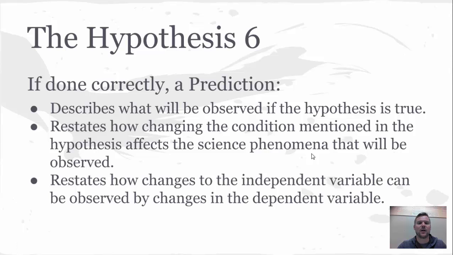So if warm water bath increases reaction rate, that's my hypothesis, then the 80-degree water bath, so I'm being specific, will react in a shorter amount of time than the 1 degree or the 22-degree water bath. Want to restate changing the condition, and then again, it's in terms of independent versus the dependent.